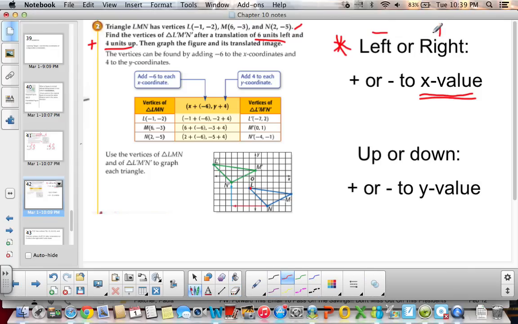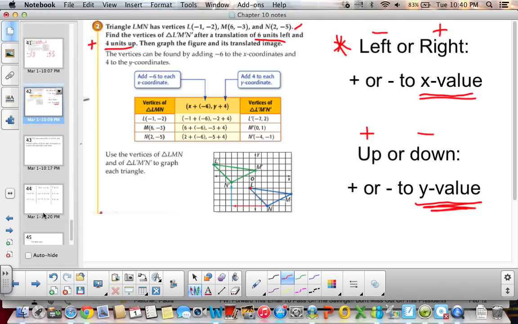Right is positive. If we're going up or down, we add or subtract that to the y value. Up is positive. Down is negative. Okay, if it helps, you can write the old vertices, write out where you're adding or subtracting, and then the new vertices.